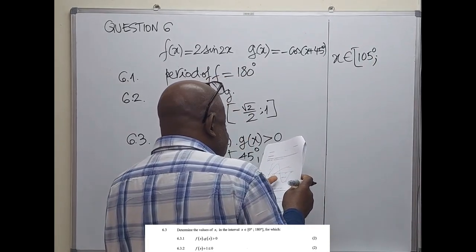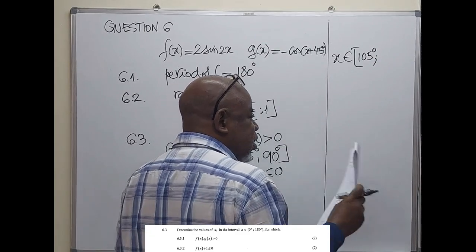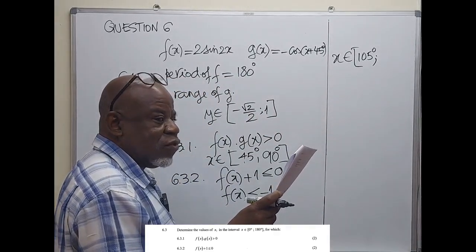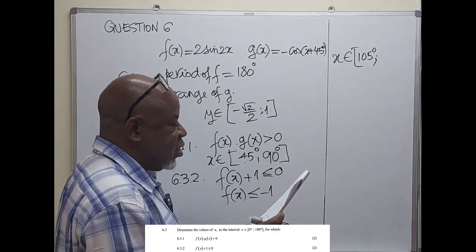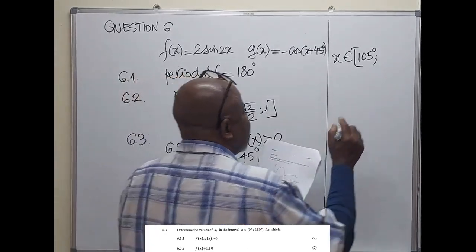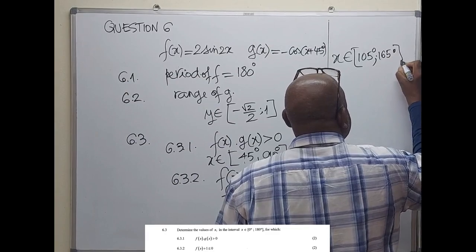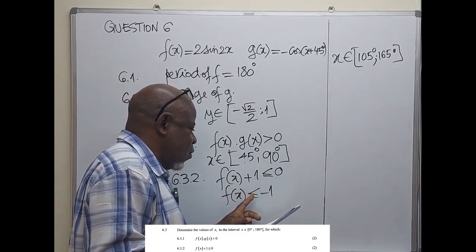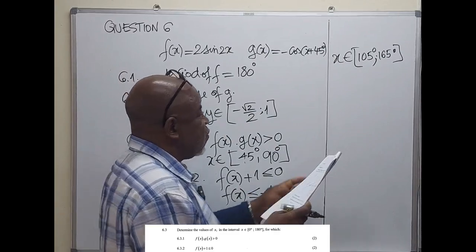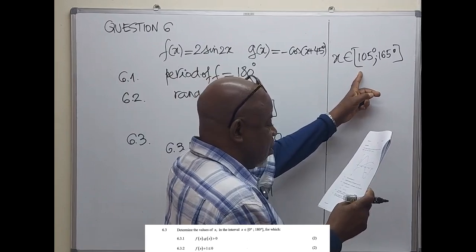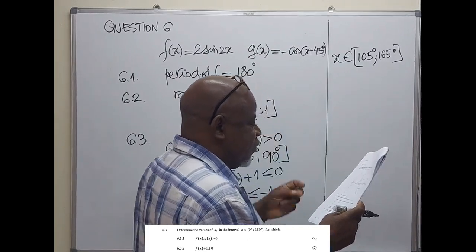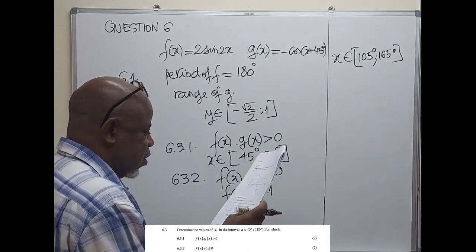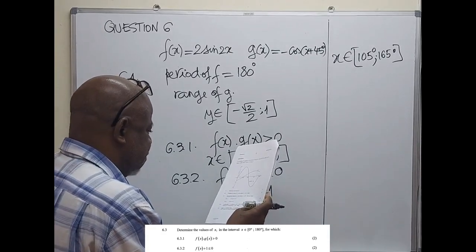From 105 degrees to 135 degrees, the difference is 30 degrees. So if we take 135 plus 30, we get 165. So f of x is less than or equal to -1 in this interval, going from 105 degrees to 165 degrees. This is the part of the function which is under -1, if you watch it from the graph.